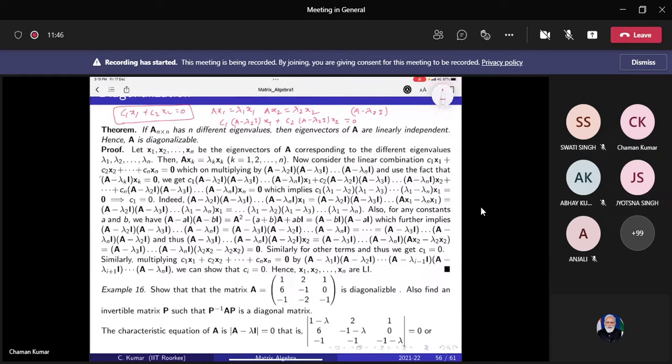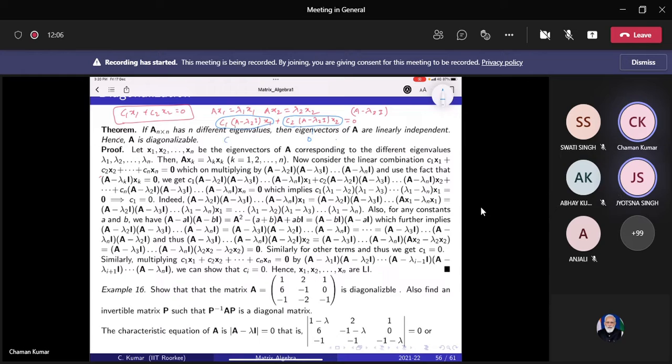Now look at the second term. The second term is 0 or not? Yes, it is 0 because A x2 is equal to lambda 2 x2. So this term is 0. How about the first term?